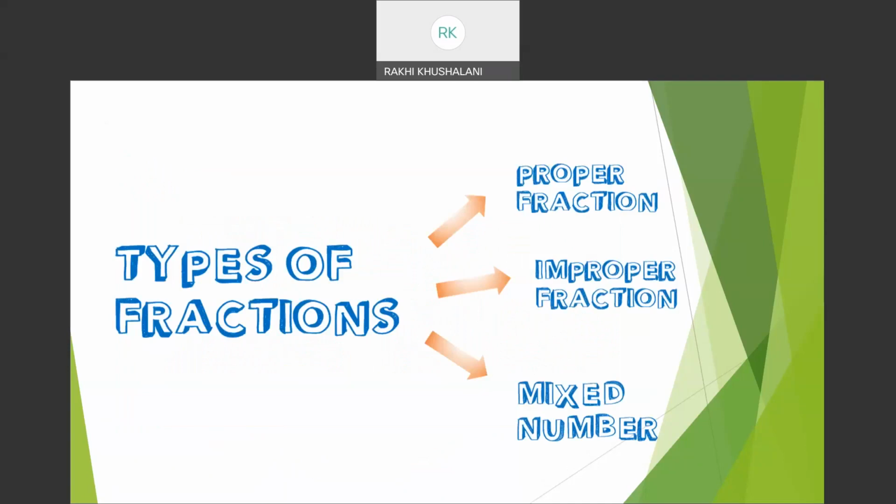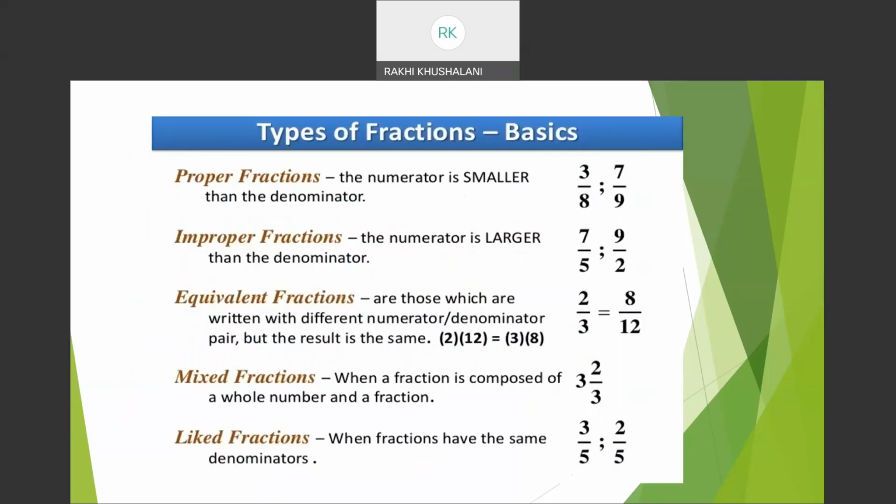Now, proper fraction, improper fraction, and mixed numbers we are going to discuss in detail. But in short, let's see what like and unlike fractions are. When fractions have the same denominator, like 3 by 5, 2 by 5, or 1 by 8, 2 by 8, 3 by 8, 4 by 8, 5 by 8, 6 by 8, these are all like fractions.